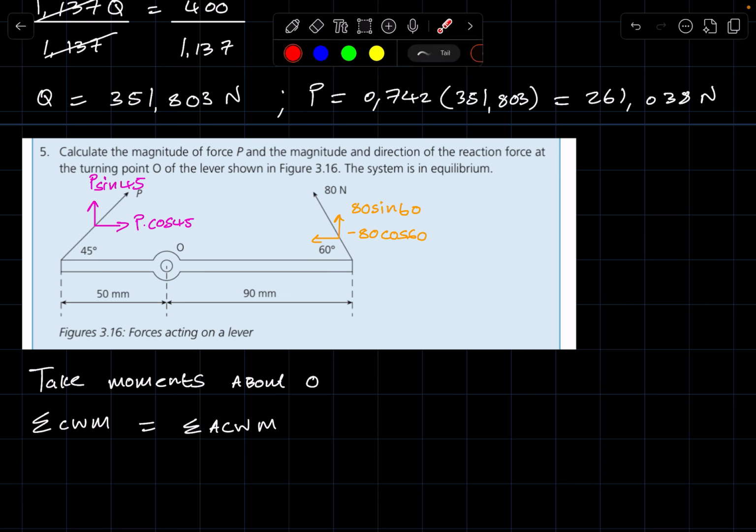Now in terms of moments, we are taking moments about O. We are going to look at the turning effects that each of these forces has towards the point we are taking moments about.